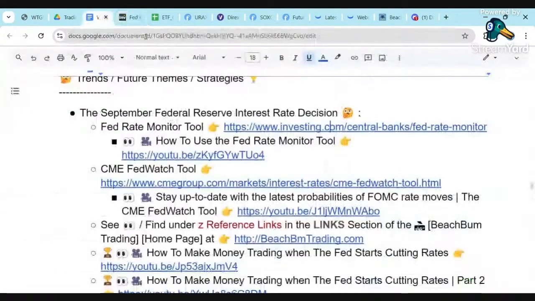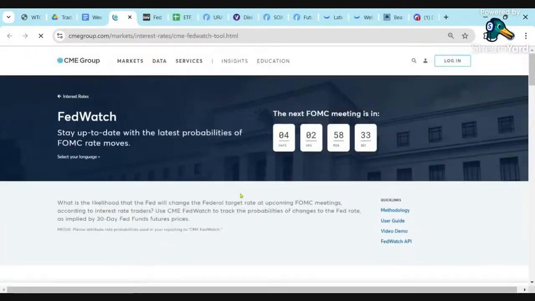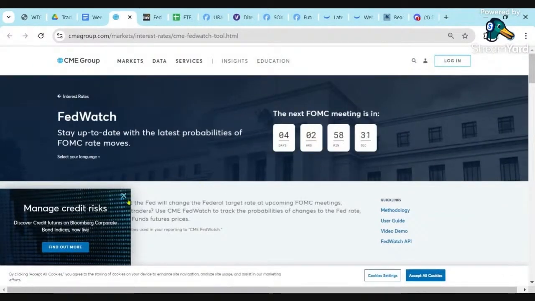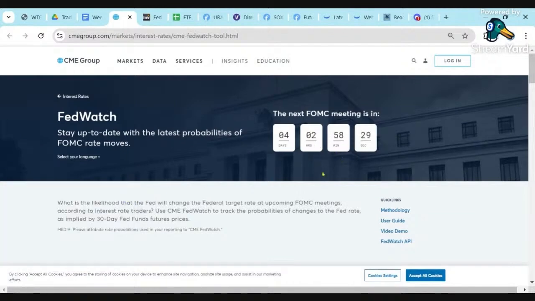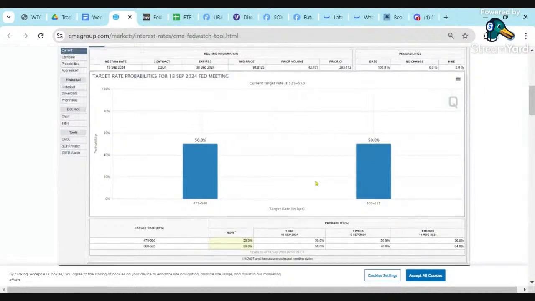Let's quickly also look at the same thing in the CME FedWatch tool. Again, we've got a countdown clock, and we can jump between the months. We've got a 50-50 chance of a 25 versus 50 basis point cut in September.